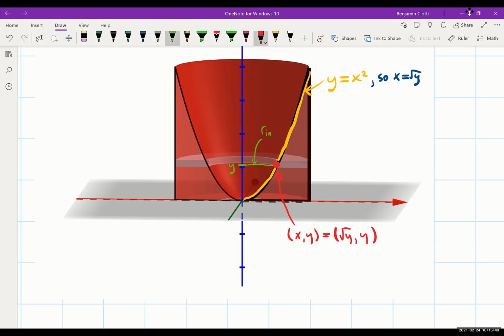And then you can see that your inner radius is equal to your x value, which we just decided is the square root of y. Okay, that right there is probably the hardest part of the whole problem.